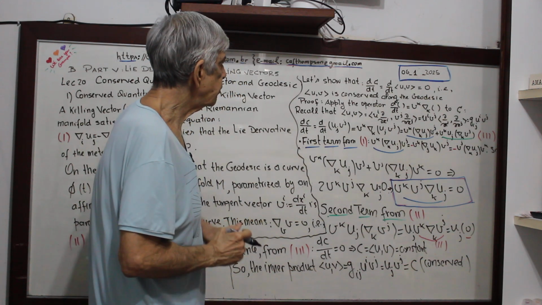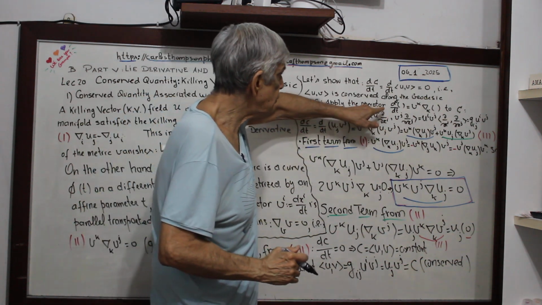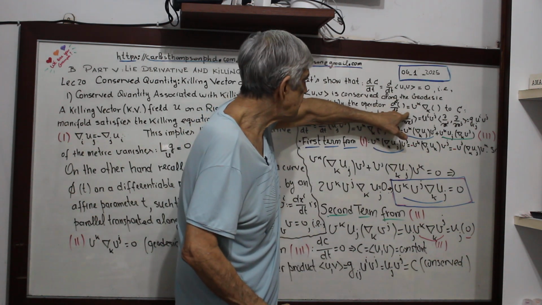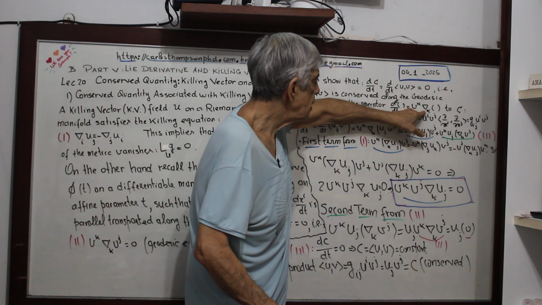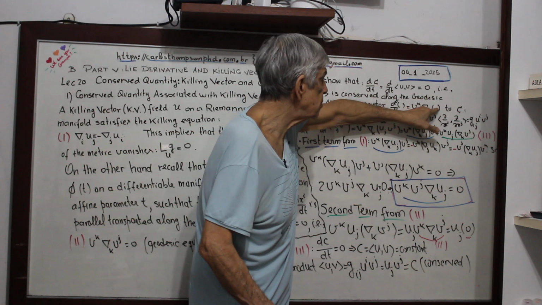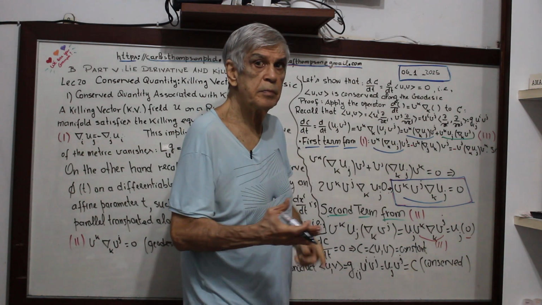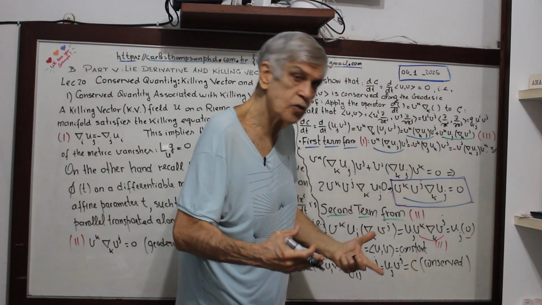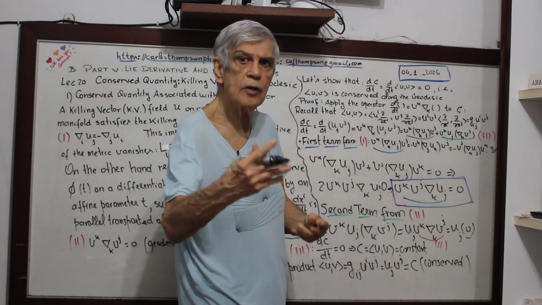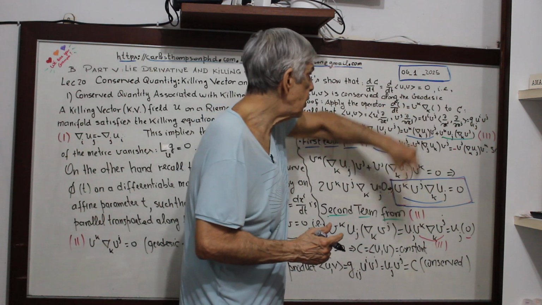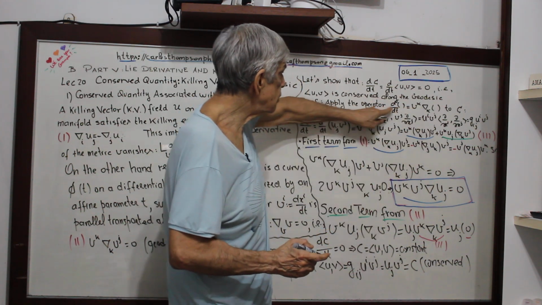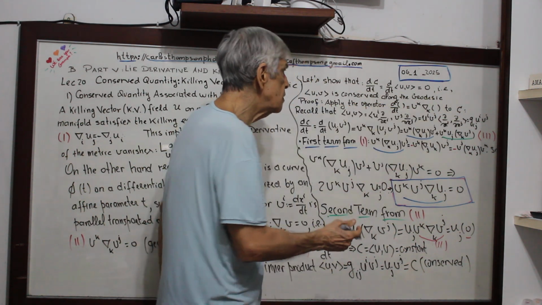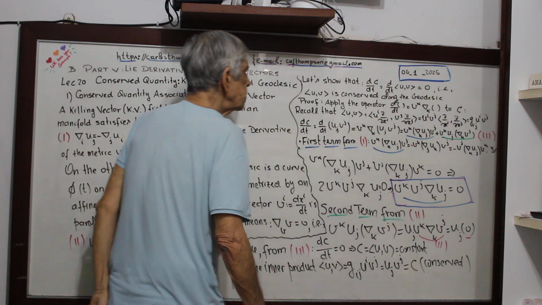Now let's start. This operator d/dt of a blank space is equal to Vk covariant derivative acting on this blank space. This blank space could be a scalar, a vector, or a tensor of any order, second or third order. So this is an operator. Let's apply this operator to the scalar function C, which is the inner product UV.